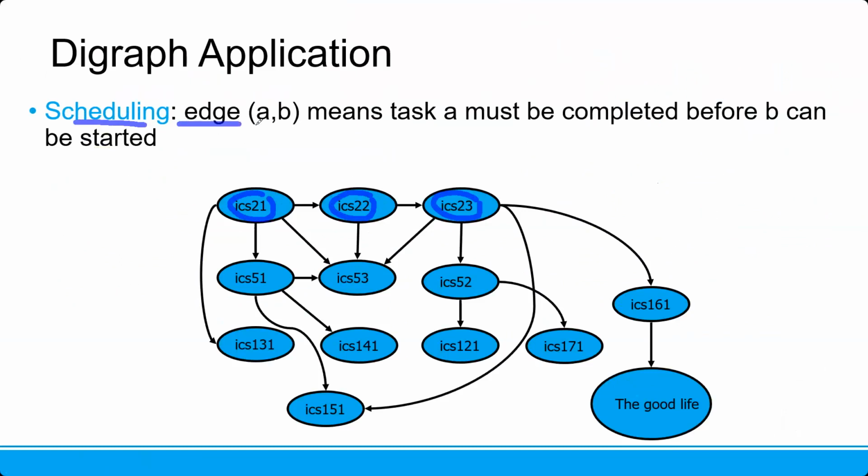So the edge (A, B) means task A must be completed before task B can start. Then we can have a digraph or diagram.